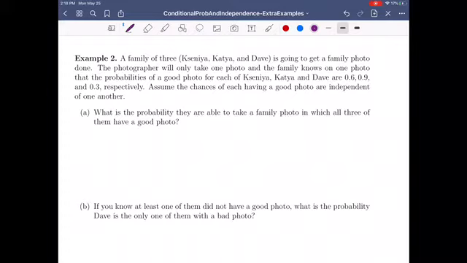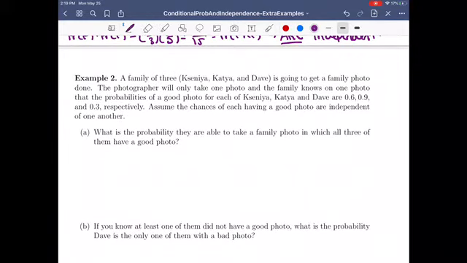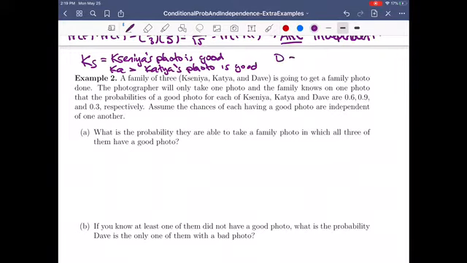I'm going to say that KS is Ksenia's photo is good, KA is Katya's photo is good, and D can be Dave's photo is good.